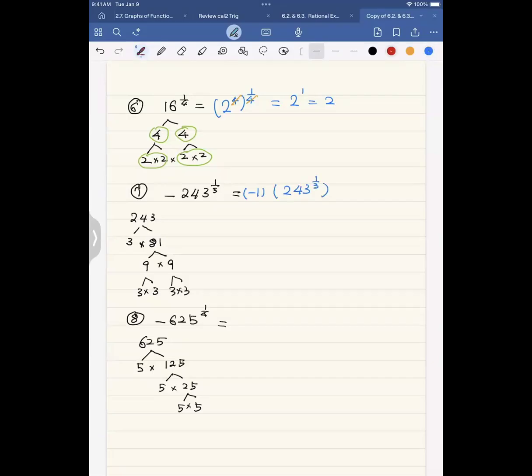What you have to be careful about here is that it's not negative 243 in parentheses to the 1/3 power. To proceed with the calculation, this is 1 over 5 power, not 1/3 power.